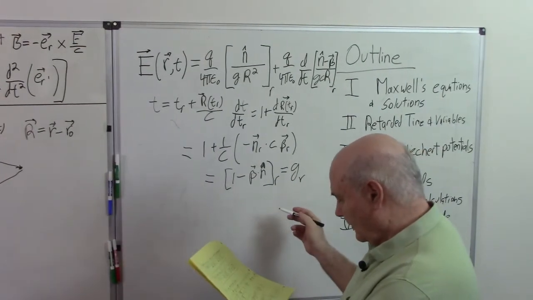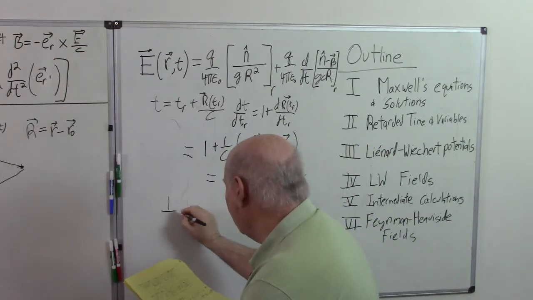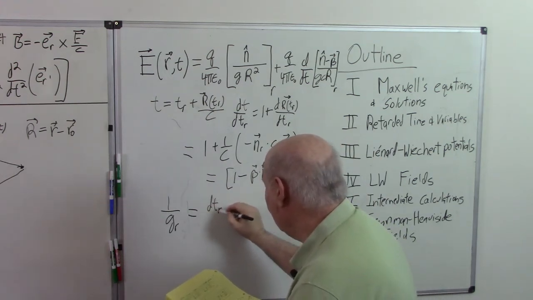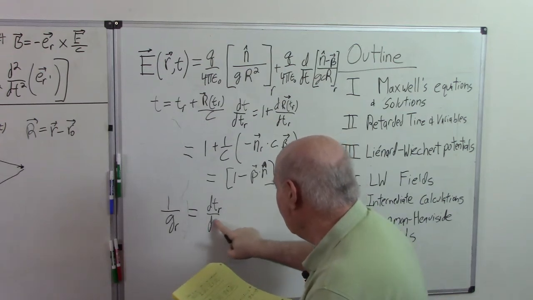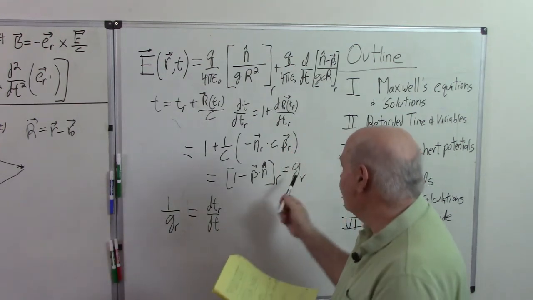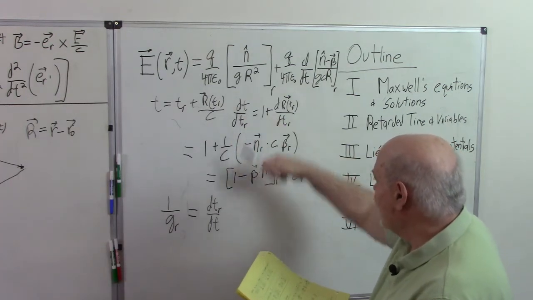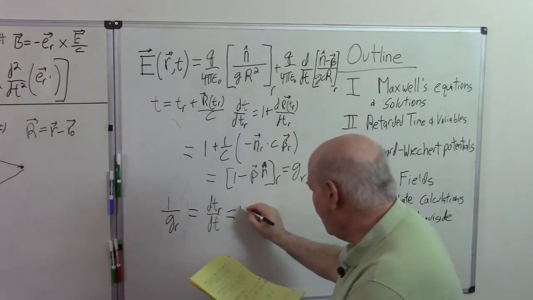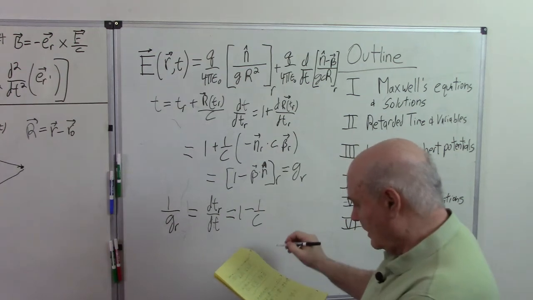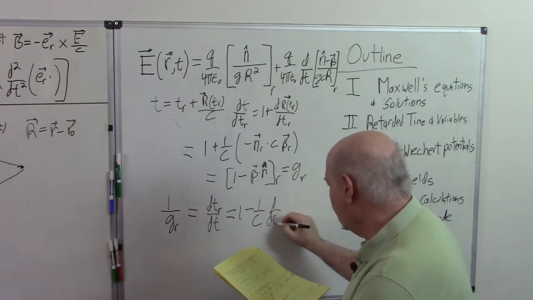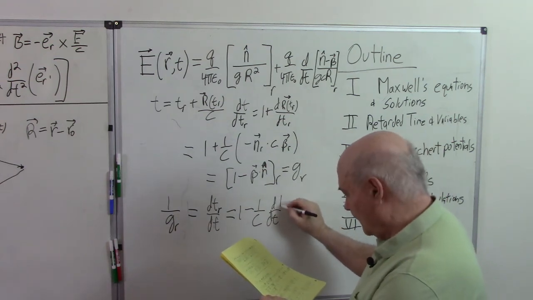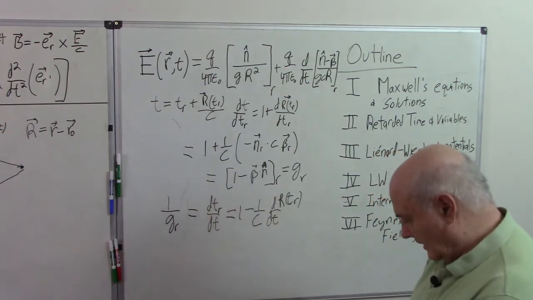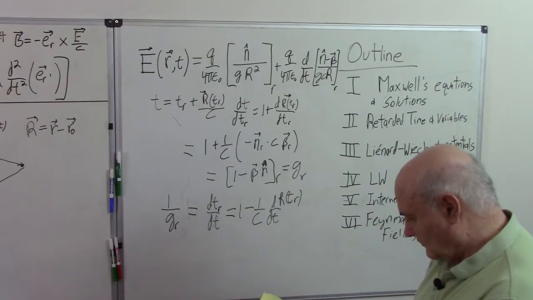So we're going to get a couple of identities which we're going to use quite often. 1 over g_r is equal to the inverse of dt_r/dt, and this is equal to 1 minus 1 over c d/dt of R of t_r.